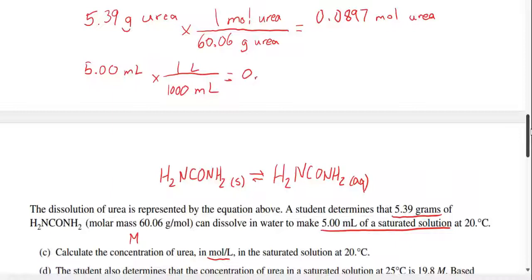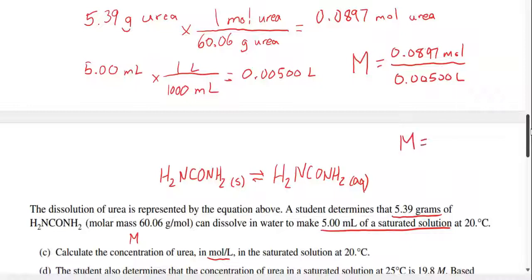So this is going to be 0.00500 liters, and then I would write out that molarity is equal to 0.0897 moles over 0.00500 liters. And we get 17.9 molar.